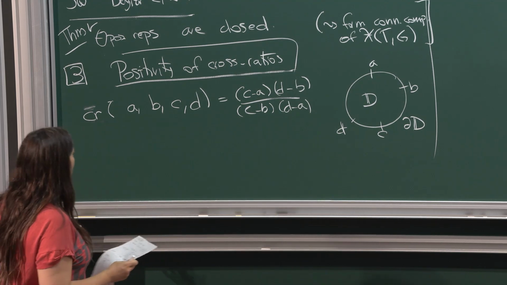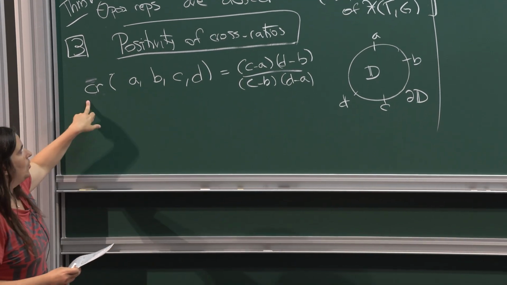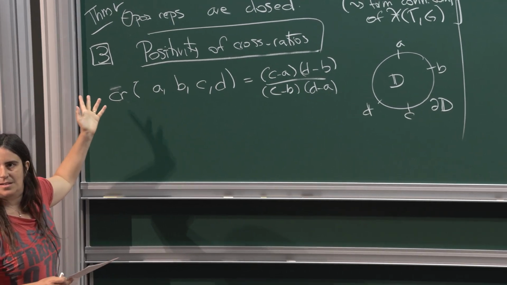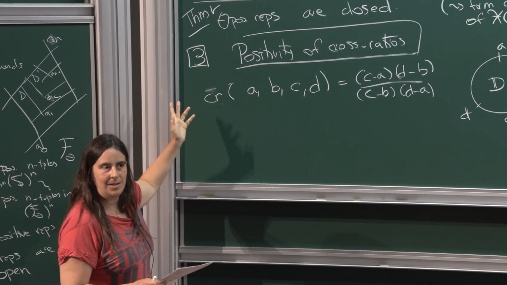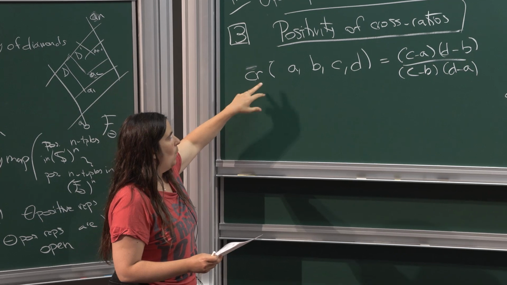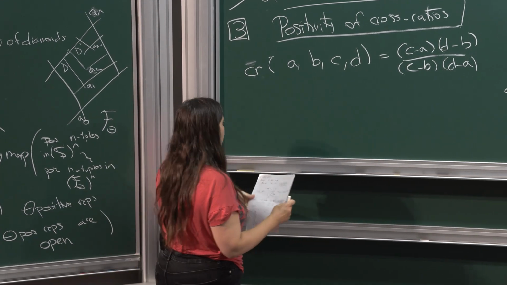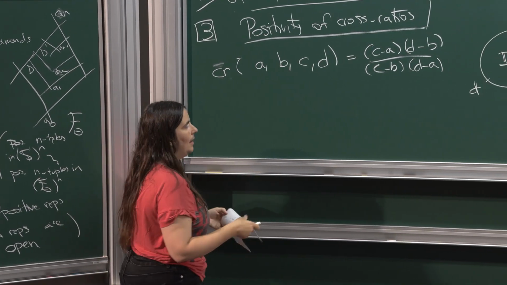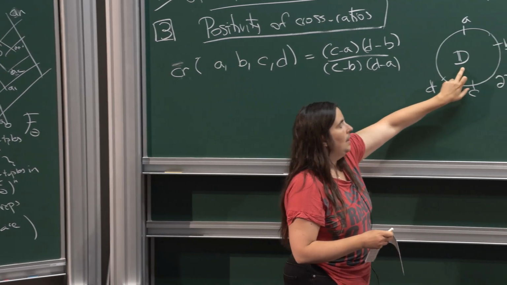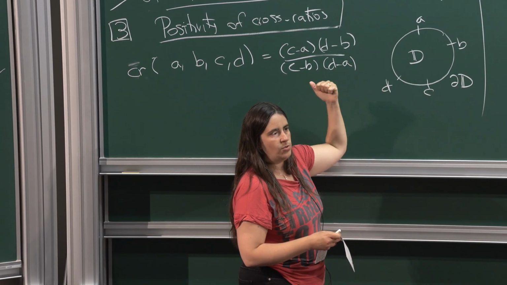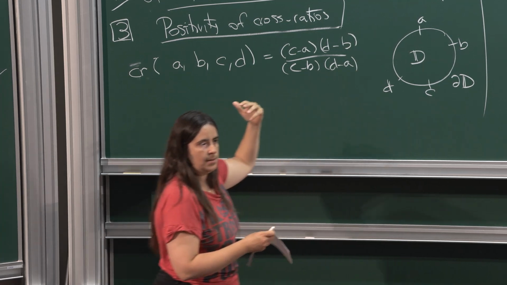Everyone has seen this at some point. And why is the cross ratio useful? This is useful because it allows us to compute length. If I want to do hyperbolic geometry, I can do hyperbolic geometry on the boundary using the cross ratio and use the cross ratio to compute length.